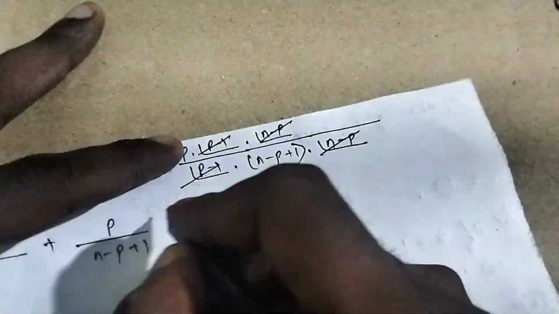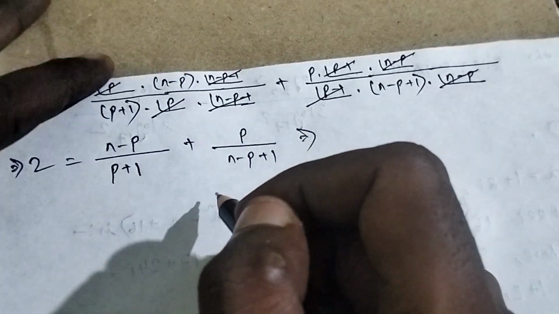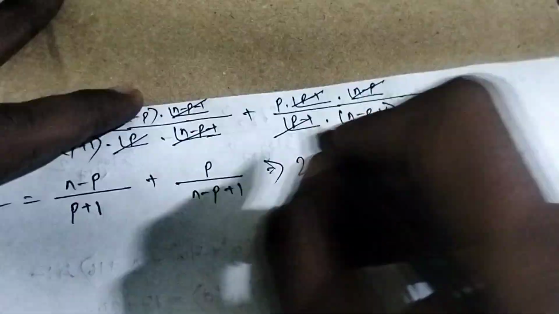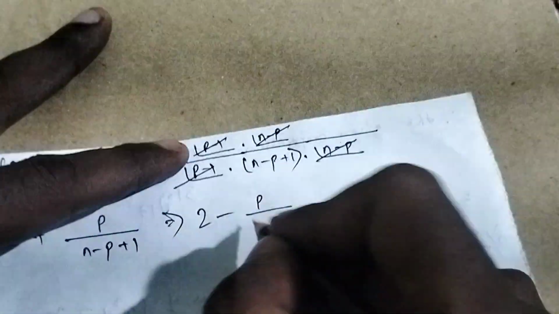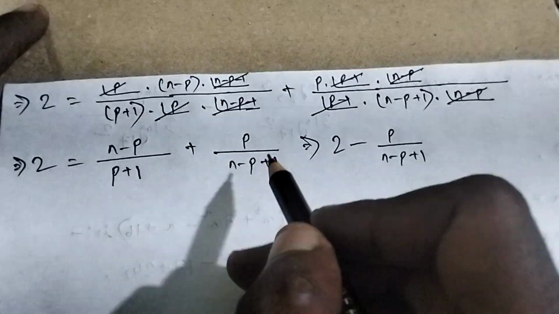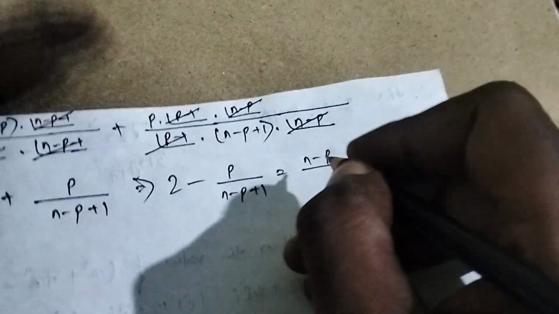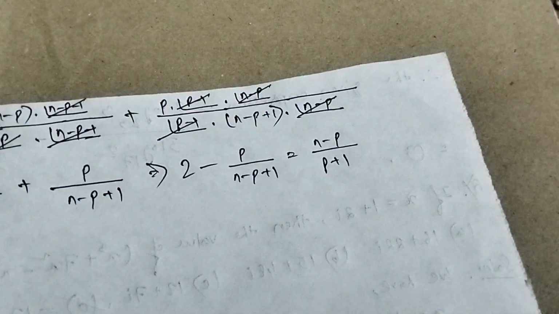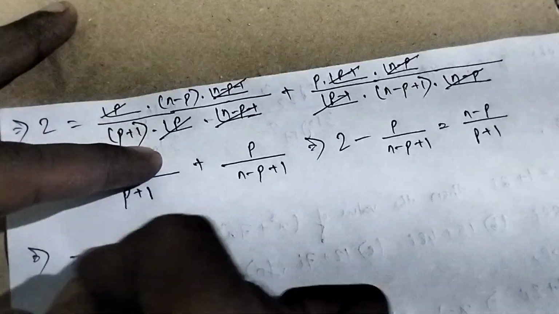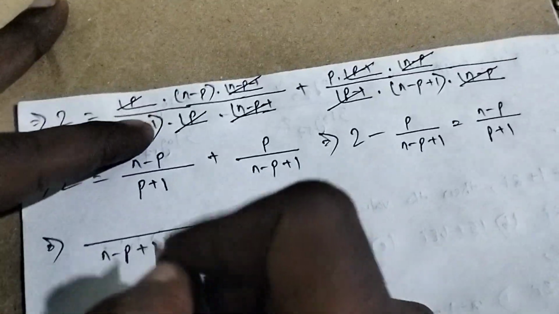Now what will I do? Here the denominators are different. So what will I do? I am taking this term to the left hand side. So 2 minus p by (n-p+1), and here we have (n-p) by (p+1). Now this is the LCM, (n-p+1).